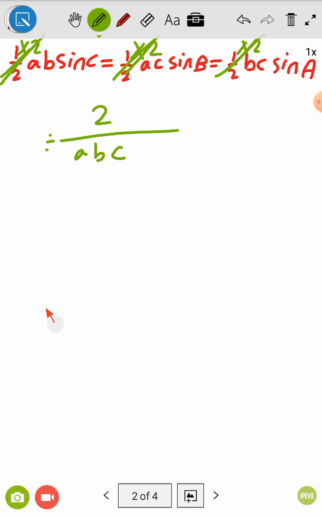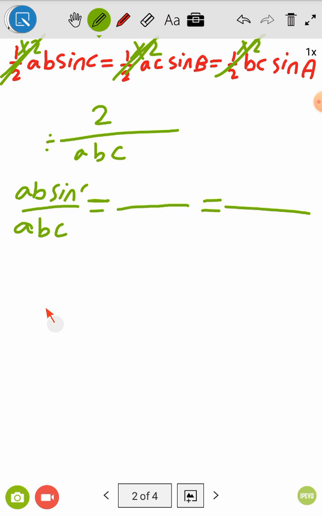So we write the first fraction equals all of them divided by ABC. Up we write AB sine C, second AC sine B over ABC, and third BC sine A over ABC.